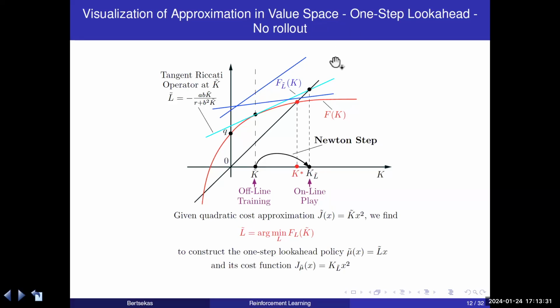And our objective is not so much to carry out Newton's method in the best way possible, if there is such a method. Our objective here is to visualize what approximation in value space does. So this is not a method of solution. This is a visualization, an interpretation of what is the cost of the one-step look-ahead policy and how it is related to the cost function approximation.